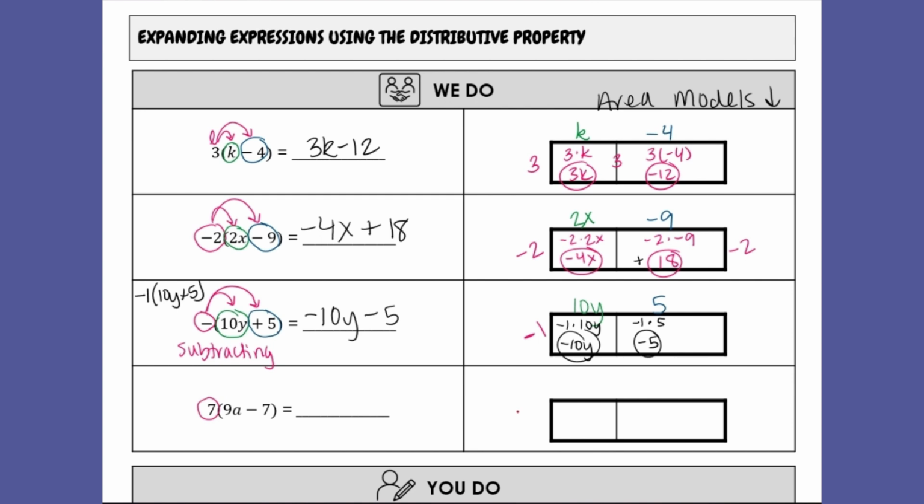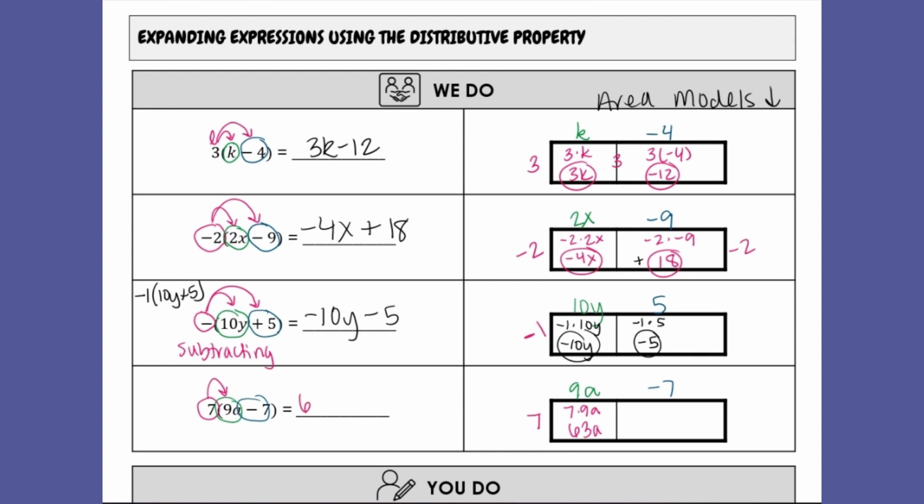We have a 7 on the outside. So that's going to be my common length. And then my first term is 9a. So that's my first width. My second width is going to be negative 7. And so when I go to multiply, I'm going to take 7 and multiply it by 9a, which is 63a. 7 times 9 is 63.